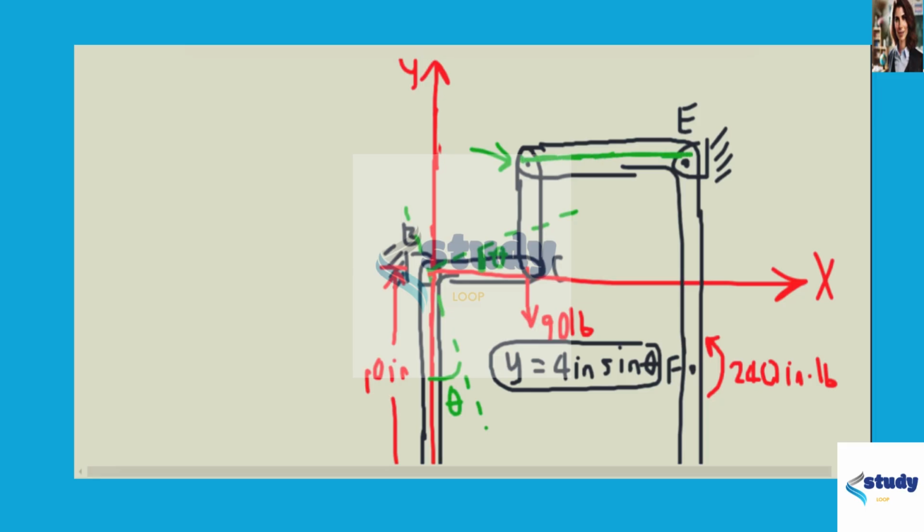Trying to draw a horizontal and then an angle upward. So what I see is that this distance right here is 4 inches. And this distance right here is 6 inches.